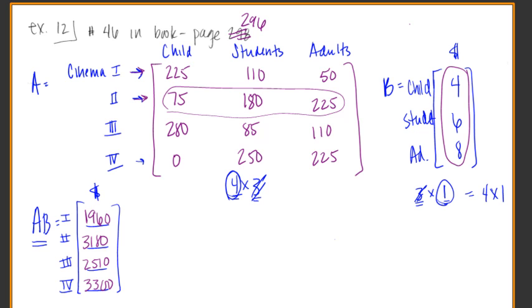So when I've multiplied A times B, what it's telling me is if I look right here at this 1,960, that means that between all those children, students, and adults that attended Cinema 1, the grand total they grossed for that cinema was $1,960 for that Sunday afternoon matinee. Cinema 2 grossed $3,180 between its 75 children, 180 students, and 225 adults.